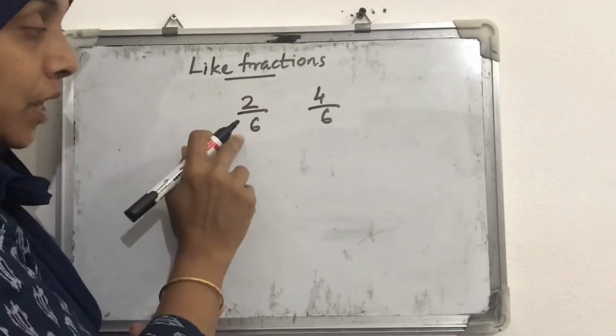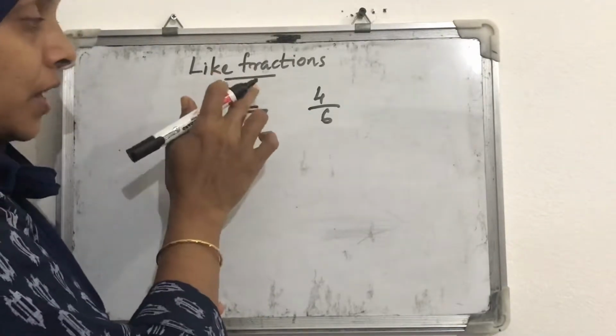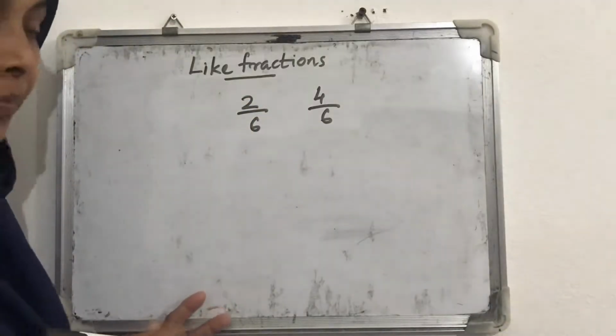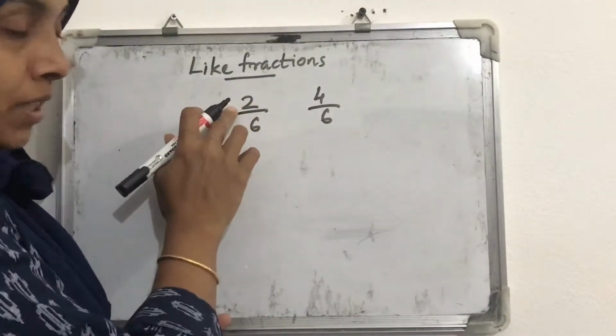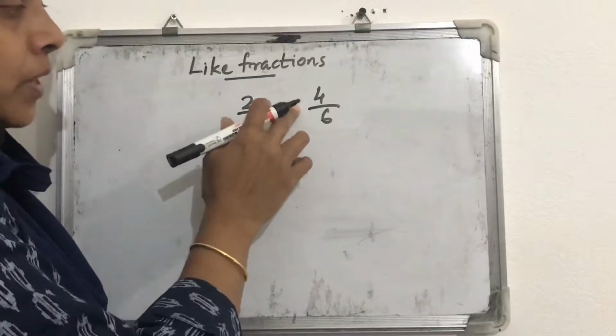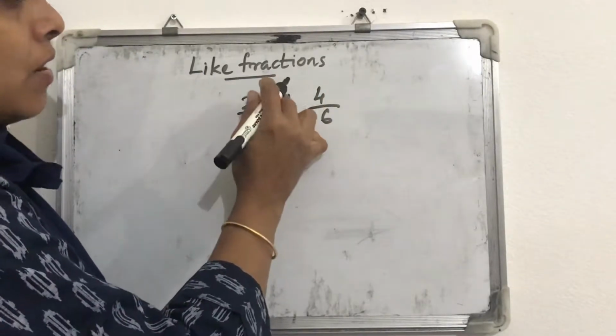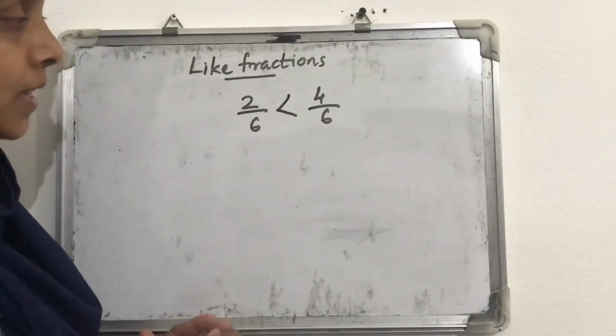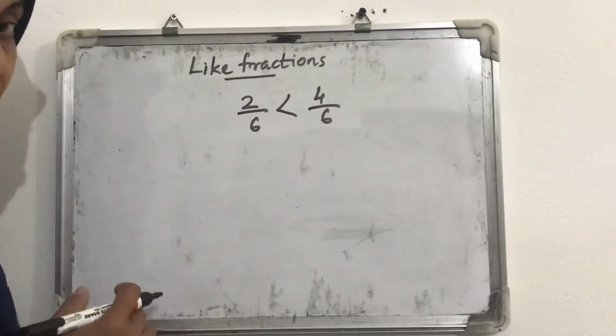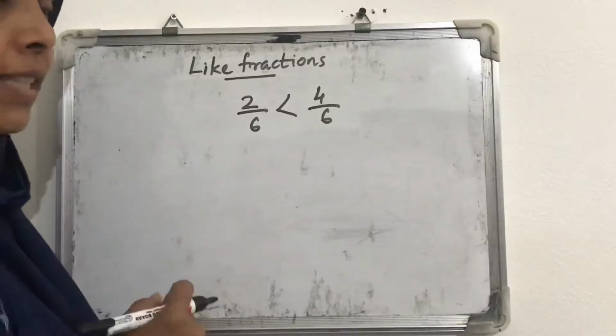If the denominators are same, then we compare the numerators. Here 2 is less than 4, so the fraction 2 by 6 is less than 4 by 6. This way we can compare two fractions that we discussed last class.